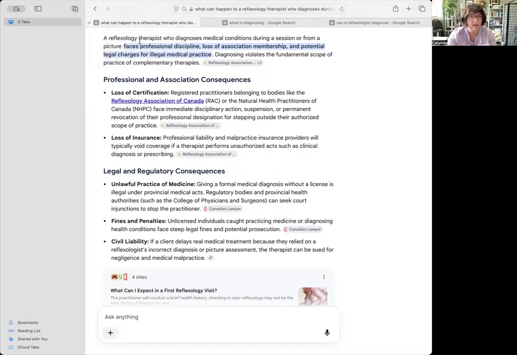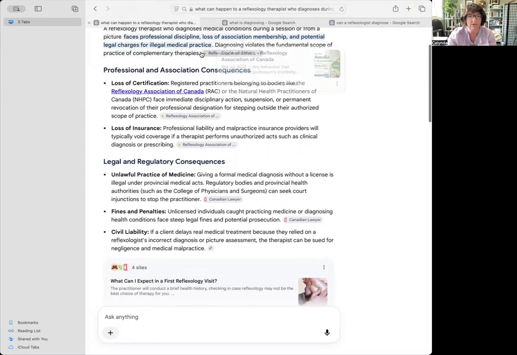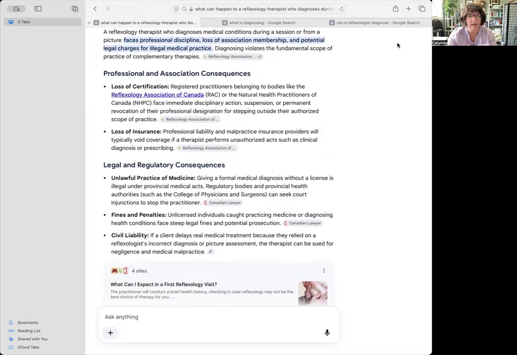A reflexology therapist who diagnoses medical conditions during a session or from a picture faces professional discipline, loss of association membership, and a potential legal charge for illegal medical practice. Diagnosing violates the fundamental scope of practice of complementary therapies.